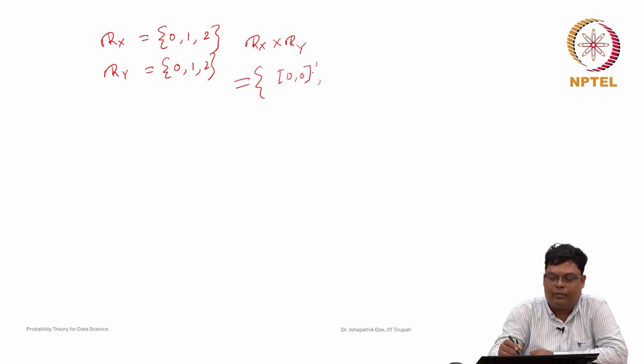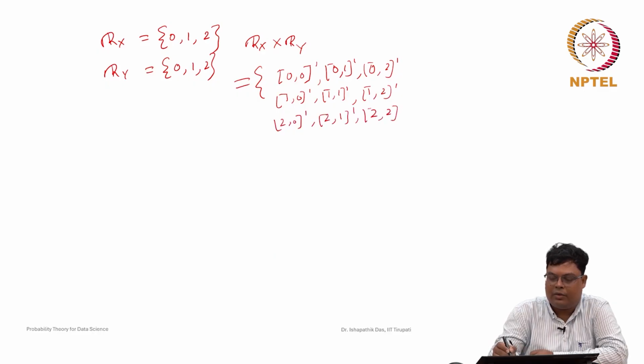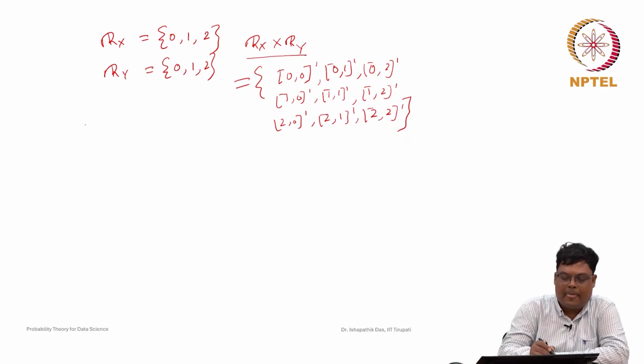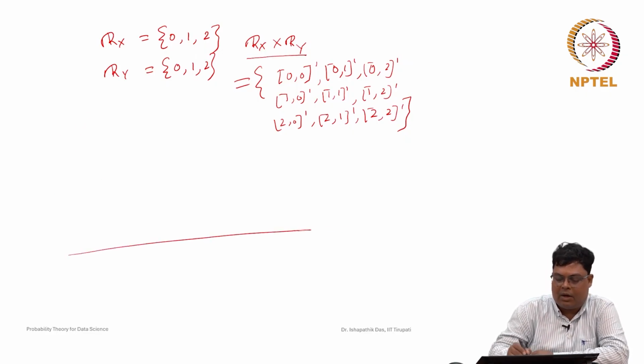So, this is (0, 0)', (0, 1)', (0, 2)', then (1, 0), (1, 1), (1, 2), and then (2, 0), (2, 1) and (2, 2). So, this is the range of this random variable, nothing but Rx cross Ry.